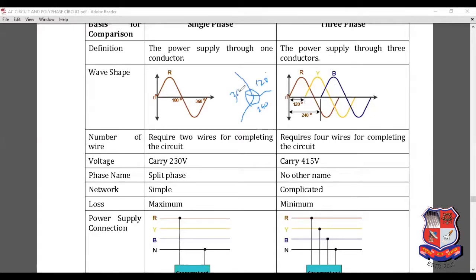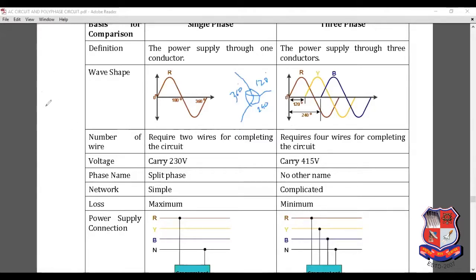The total mechanical angle, please keep in mind, I am talking about mechanical angle. The maximum value of mechanical angle is 360 degrees. Beyond that it is not possible, because 360 degrees makes a circle. But electrical degree you can move above 360.